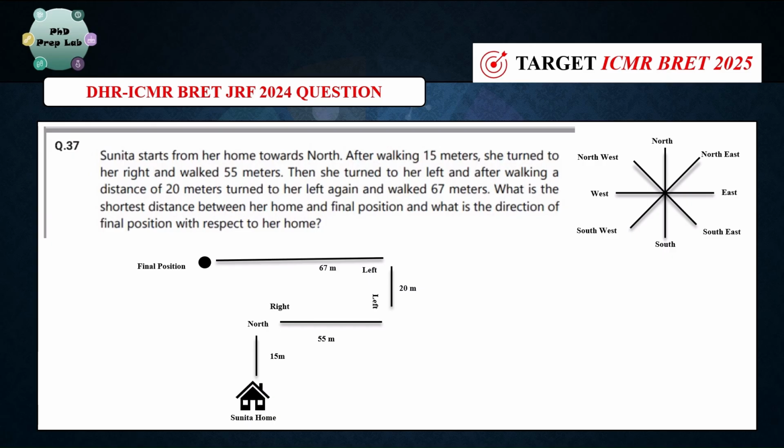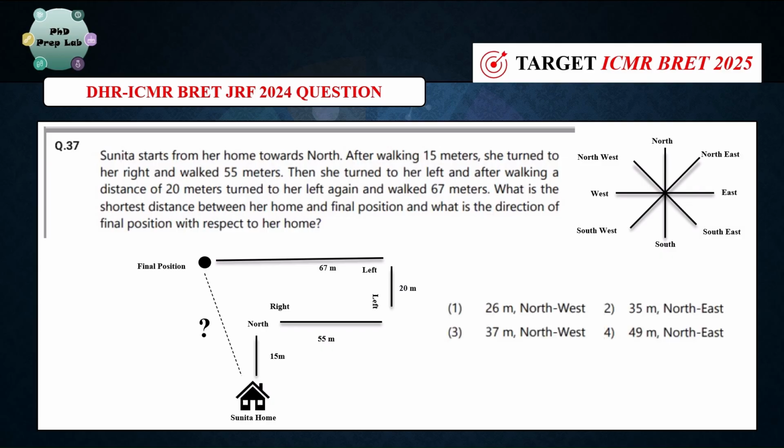Using Pythagoras theorem, you can find the hypotenuse, which comes out to be 37 meter in the northwest direction. Using these figures, you can solve these questions, and it's very important to keep in mind what will be subtracted from what. You will mostly find a square or a triangle forming, and then you can calculate and find out the distance and also the direction, using what the question is asking.